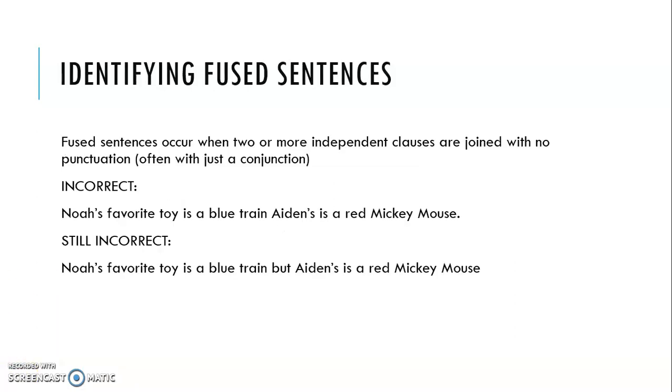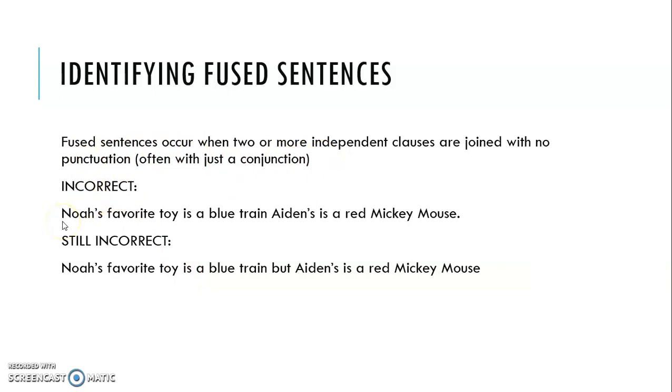All right, so the final mistake is the fused sentence. This one is common when students are not confident about where their subjects are. So I've given a simplistic example. Obviously, your sentences will be more advanced than this, but I've just given a simple version so I can show you that a fused sentence is when two or more independent clauses are joined with no punctuation, or often with just a conjunction.